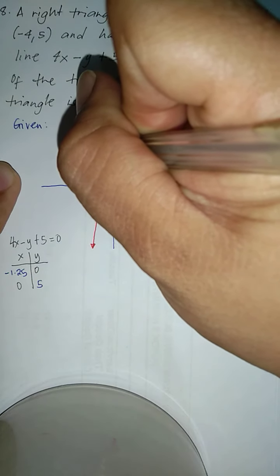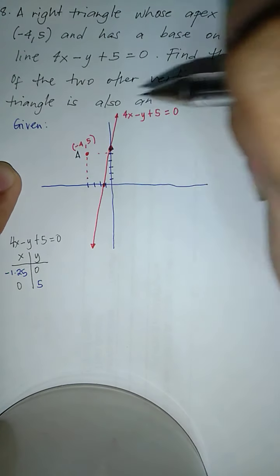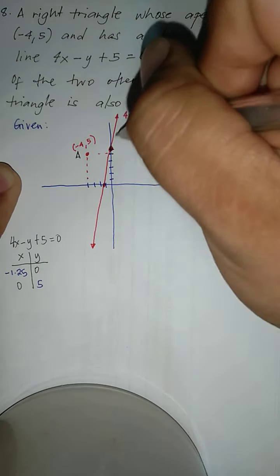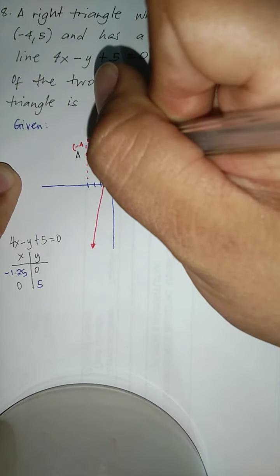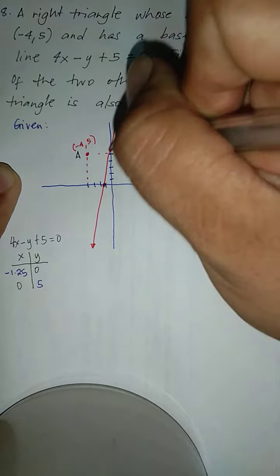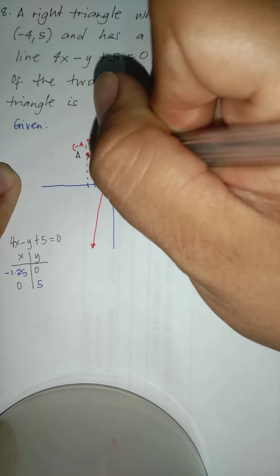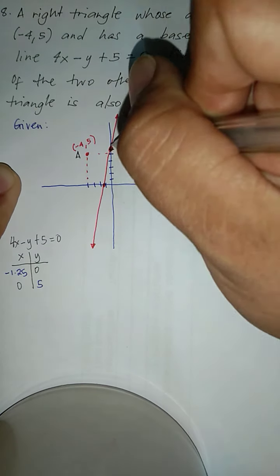So we can name this one as our point A, and the base is on this line. So that means the other side is perpendicular to that base.